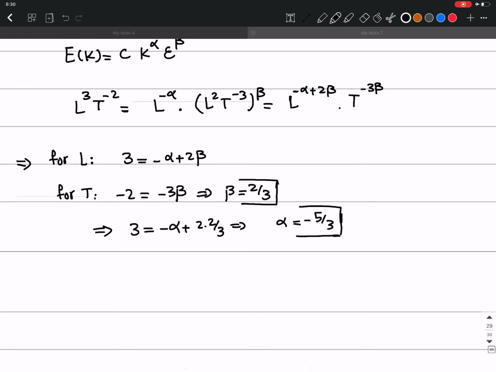So interestingly, we get this relation: Ek in the inertial subrange should be C, a constant, a dimensionless number, times epsilon to the power 2/3 times k to the power minus 5/3.